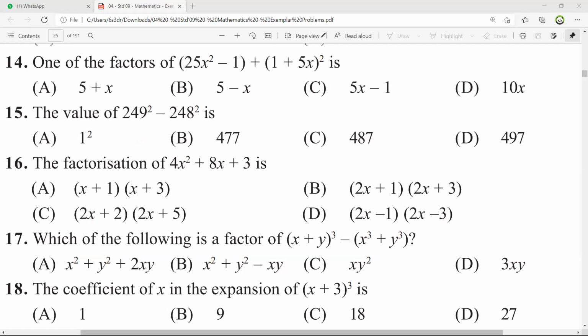All right, now tell me this. Is a square minus b square the same thing as a minus b whole squared? Yes or no? Yes, ma'am. Okay, Hamna, what do you think?